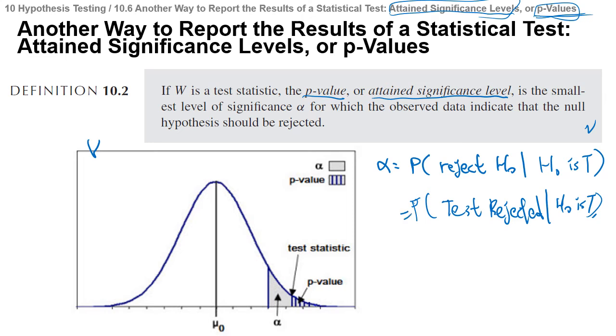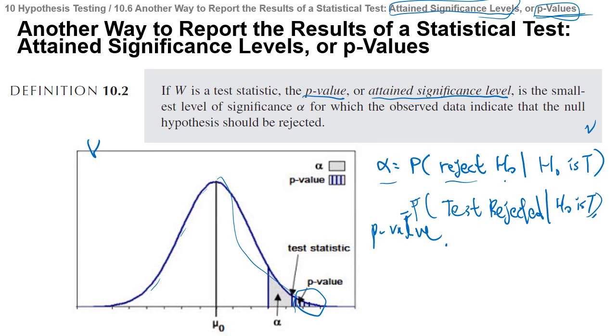So this is the p-value. For alpha, the probability of rejecting H0 given H0 is true, we have the underlying distribution for the null situation, which is this.